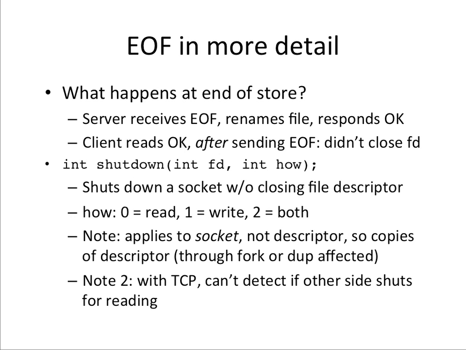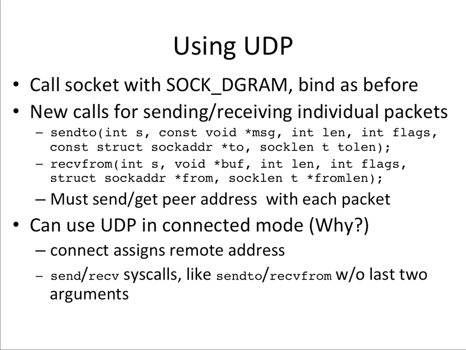What do you do in that case? So there are some special cases that you need to worry about. The normal case is, you send messages and then you call shutdown or close. But there are some abnormal cases you have to worry about. You can basically also open UDP sockets if you want to.